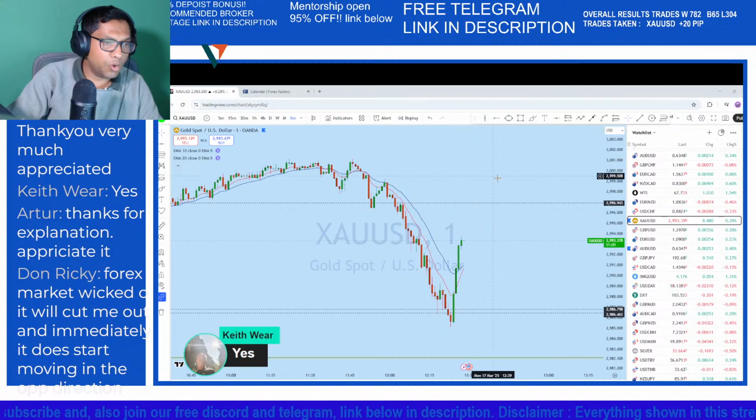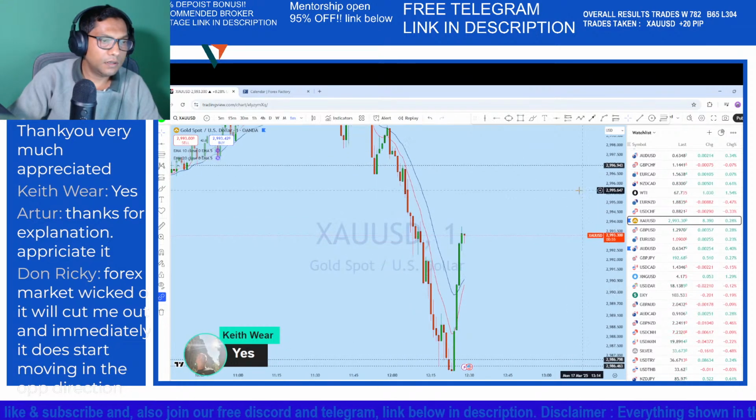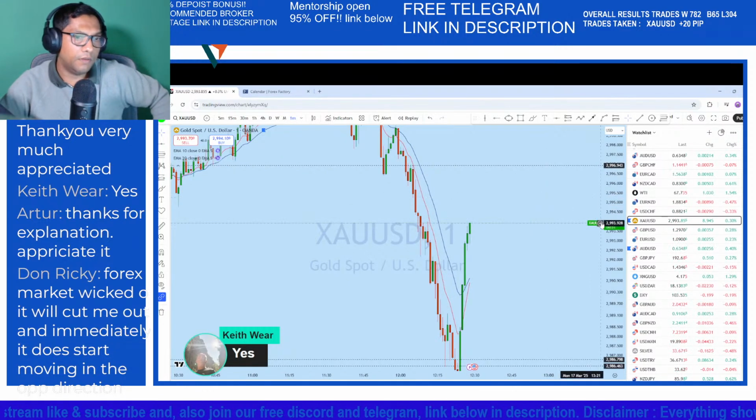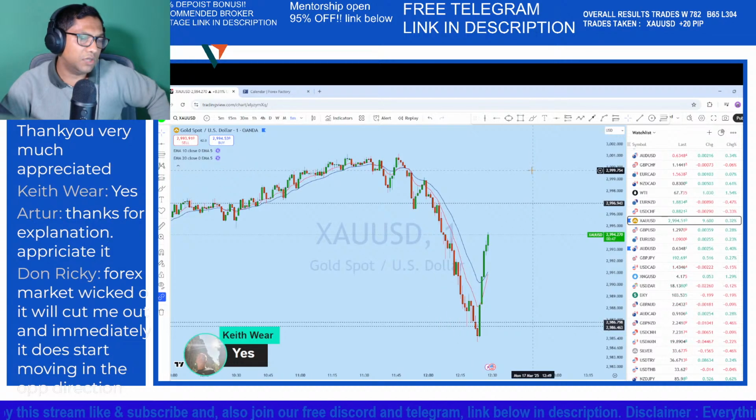So here is the move, and a very strong bounce, and that might lead the price back to the resistance line.